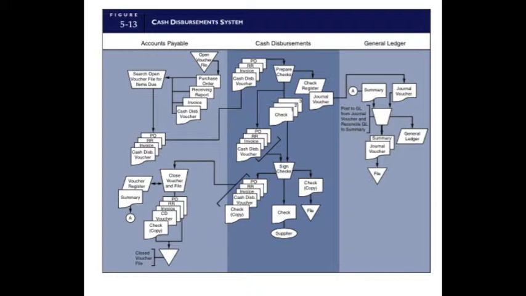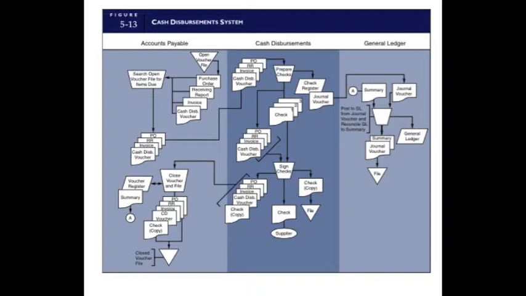Now, the check along with the supporting documents goes to the cash disbursement department manager or treasurer for her signature. Then the negotiable portion of the check is mailed to the supplier, and the clerk returns the voucher packet and check copy to the accounts payable department and files one copy of the check in the department.